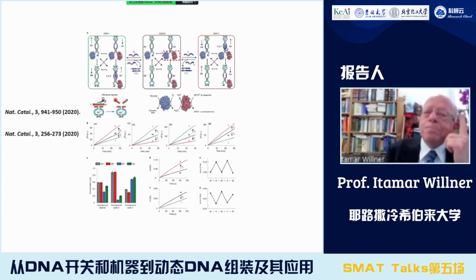But what will happen if we trigger this constitutional dynamic network with a trigger T1 that will stabilize by triplex formation the DNA scaffold of the network? Under these conditions, this will be upregulated.